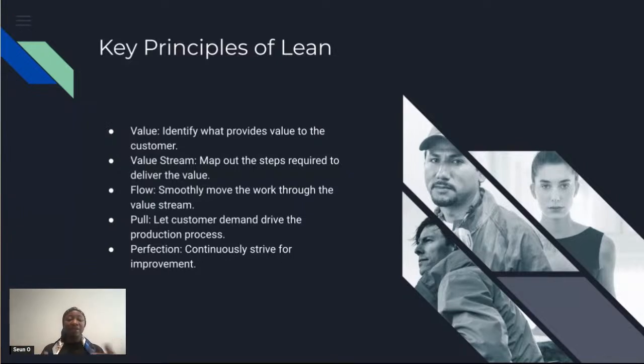Let the customer's demand drive production and process. Like I said, you would not develop a product based on what your CEO said. Your customers are the ones demanding, they're using it, they're telling you that yes, we've tested this, we think this is the next thing that you need to build. Obviously you're not just going to take everything the customers say we should build.